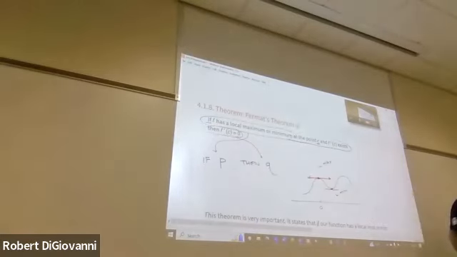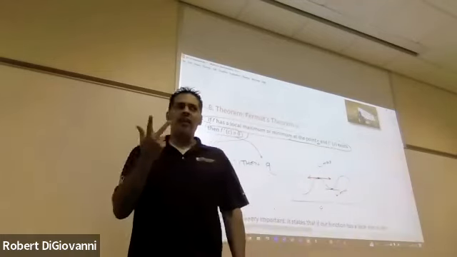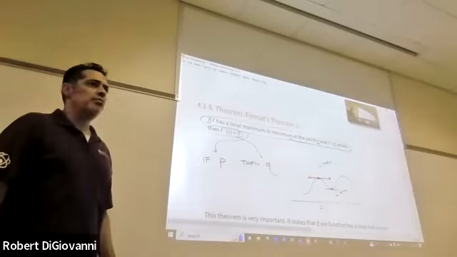Has anyone done logic? Anyone here taking a logic class? Truth tables and all that stuff? Okay, yeah. So this has to do with that. When we have a statement that says if P then Q, you are not allowed to change that order without proving that it's true the other way.